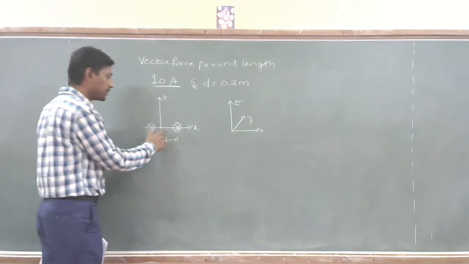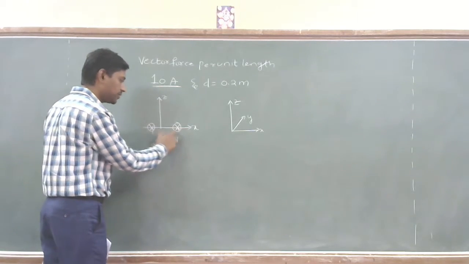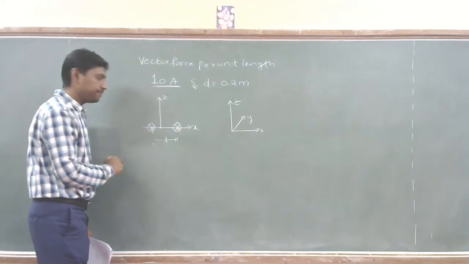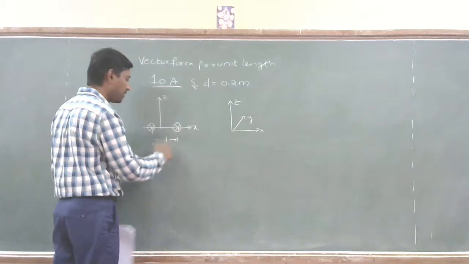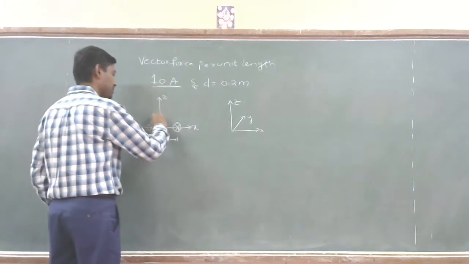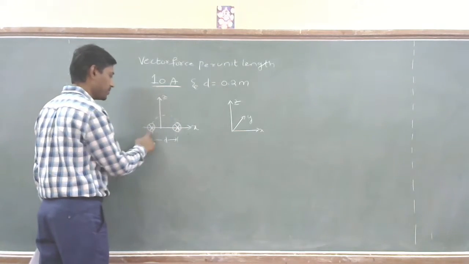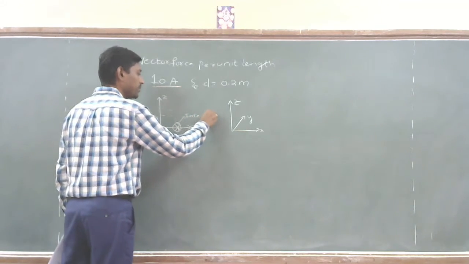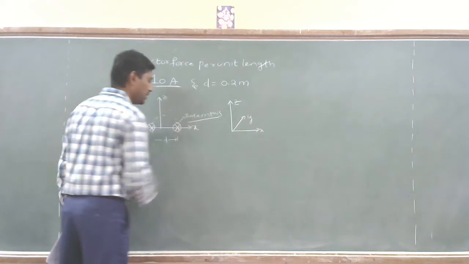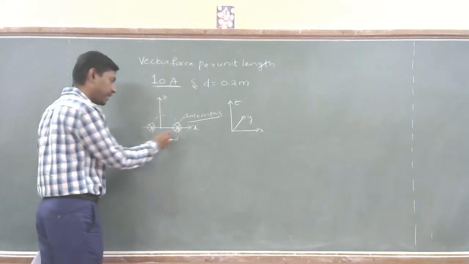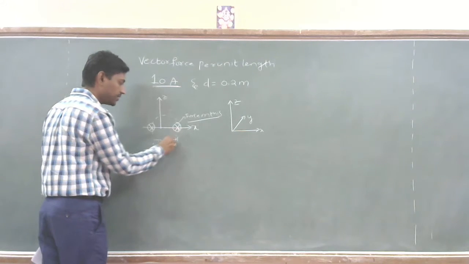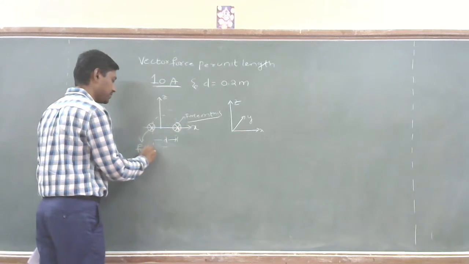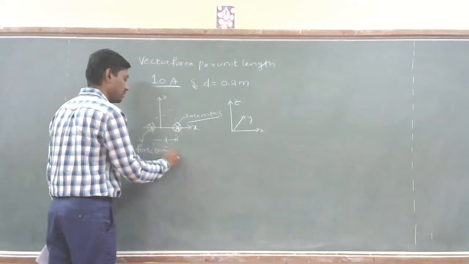Once you find the magnetic field due to this current at this point, you can find the force on this conductor. Similarly, you can find the magnetic field at this point due to the other conductor, and then find the force on this one.